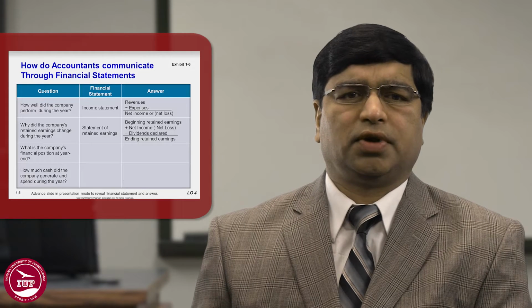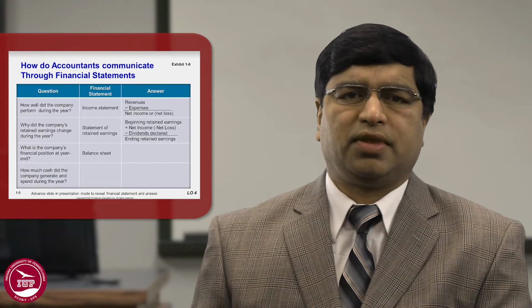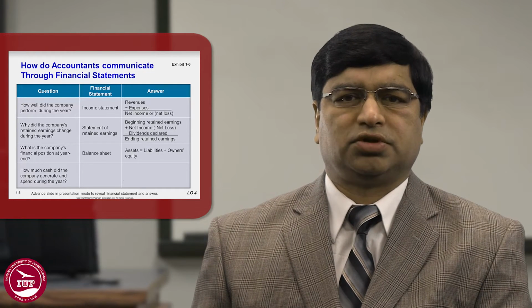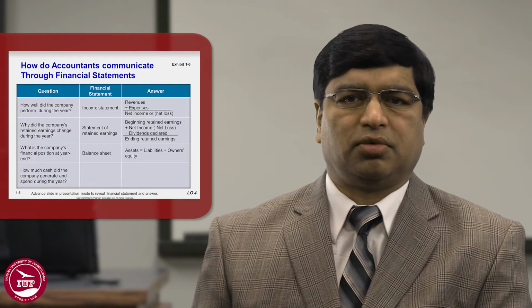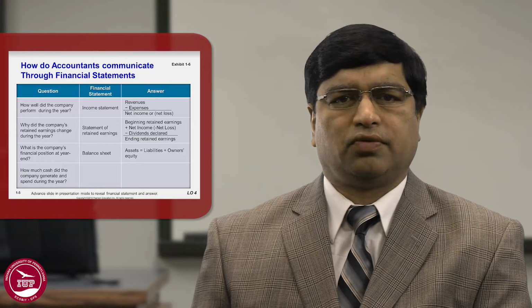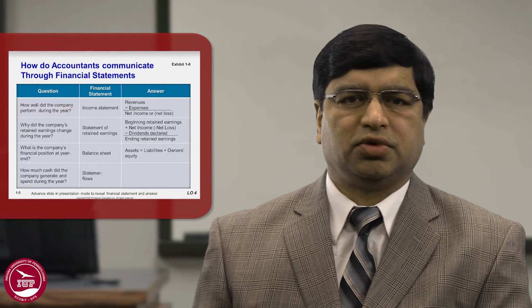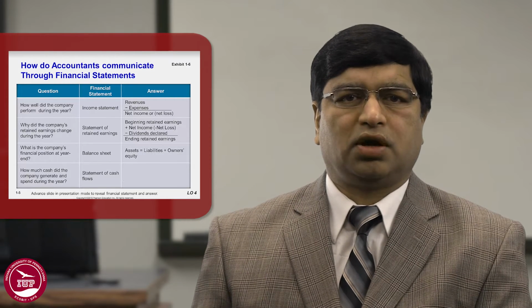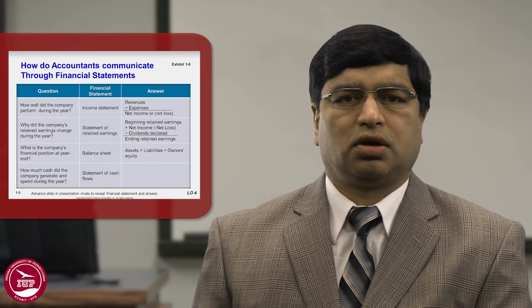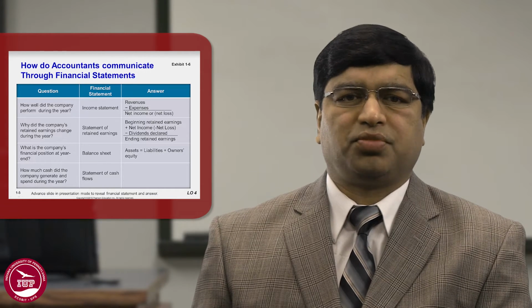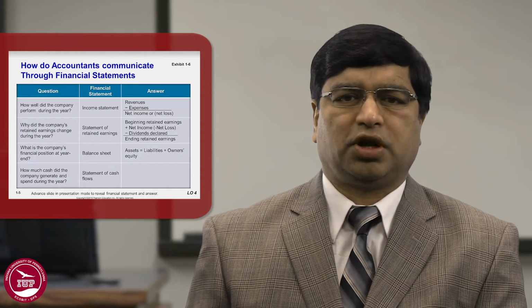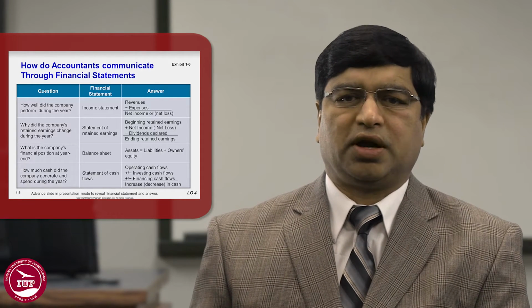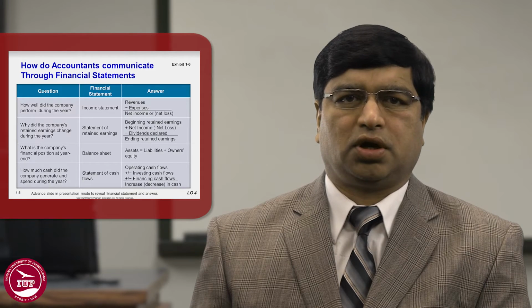Then if we're talking about the financial position of the company, that is communicated through the balance sheet, which lists all the assets and liabilities and owner's equity. And we'll go into details of each of these statements as we go along. And to identify what kind of cash has been generated or how much the company has spent during the year, we prepare the statement of cash flows, which measures the cash flow from all three kinds of activities which we talked about earlier.